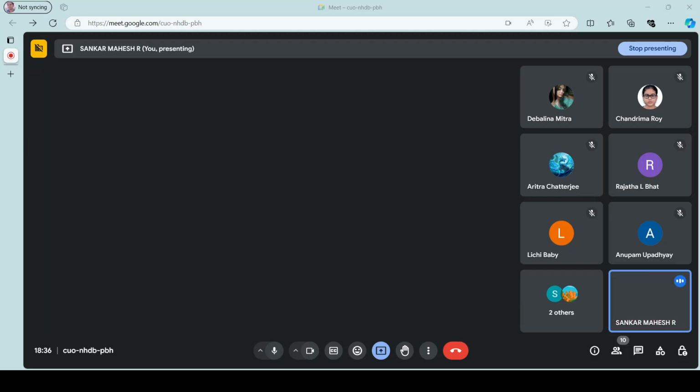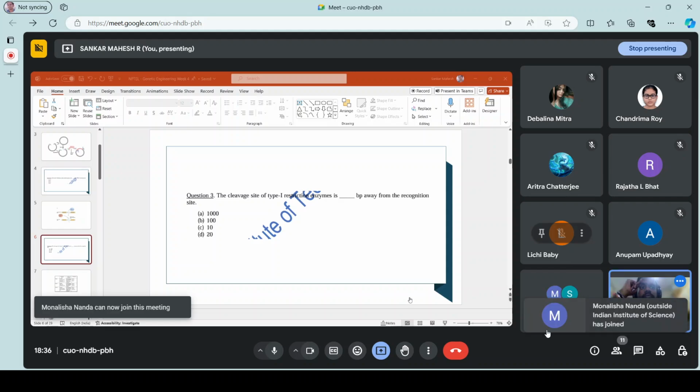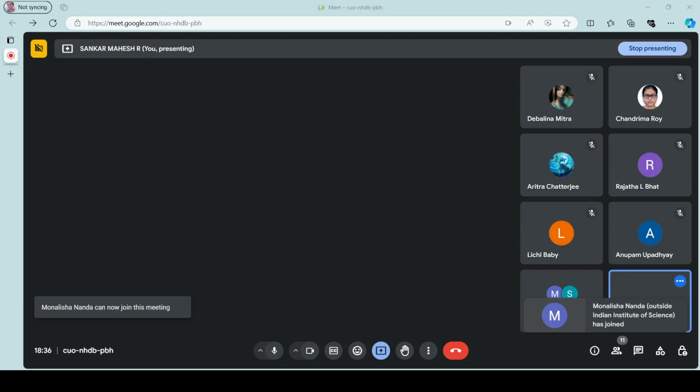Now, the question that was asked is, for type 1 restriction enzymes, how many base pairs away is it from the recognition site? And that is 1000 base pairs. I hope this was clear.